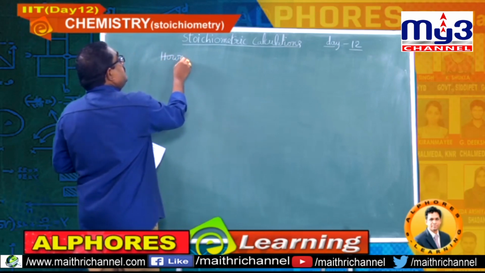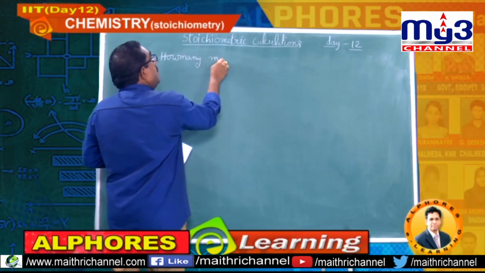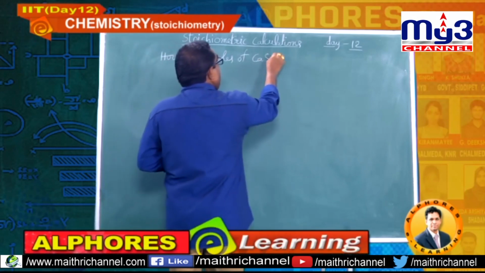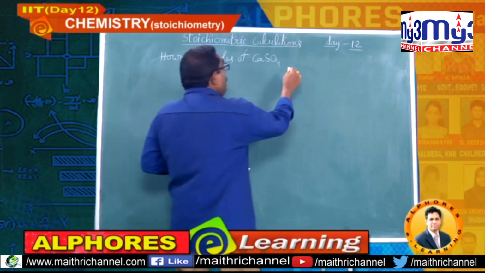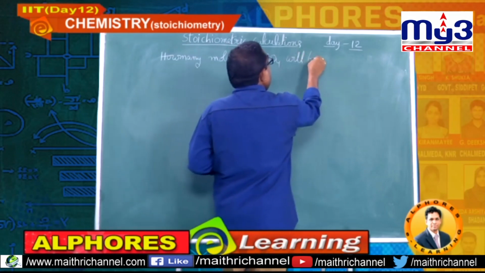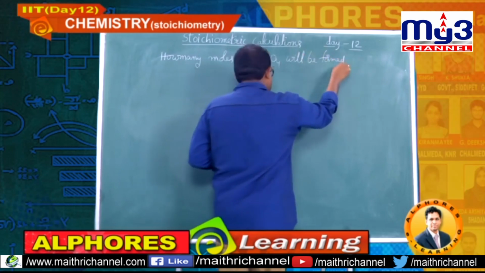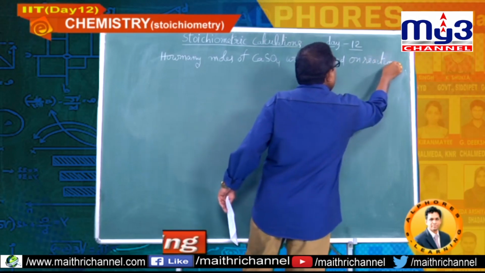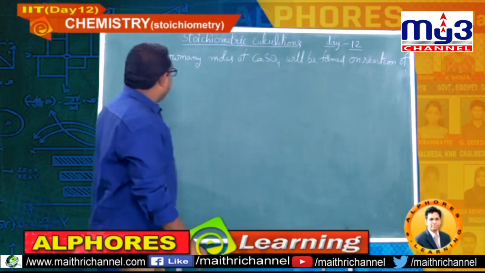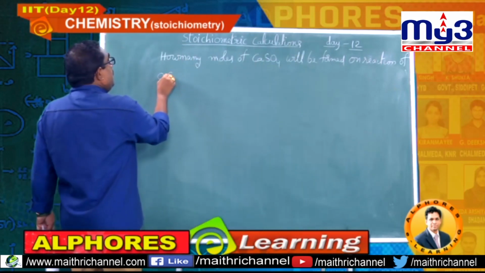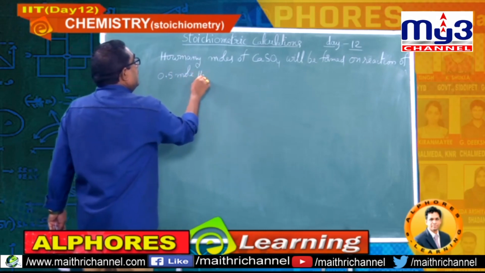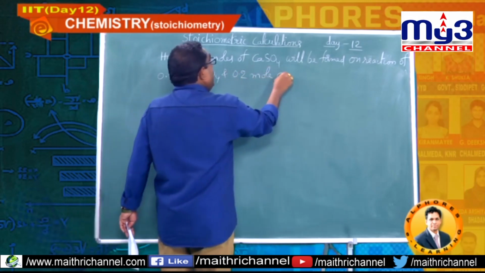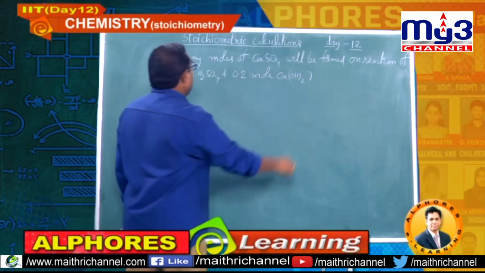How many moles of calcium sulfate, CaSO4, will be formed on reaction of 0.5 mole sulfuric acid and 0.2 mole calcium hydroxide. That is the question.